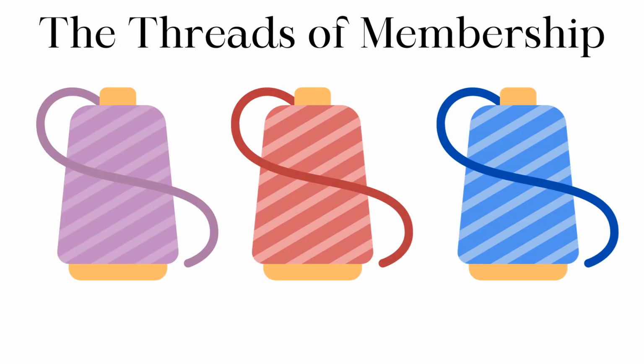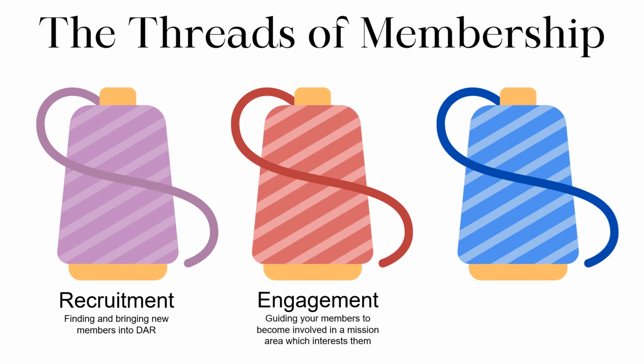As you look at the selections of the membership weft threads, you will find that there are three primary categories. The first is related to recruitment activities, where the focus is finding and bringing in new members to DAR and your chapter. The second thread that could be woven is the thread of engagement.